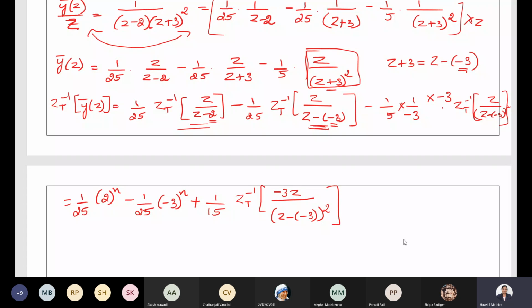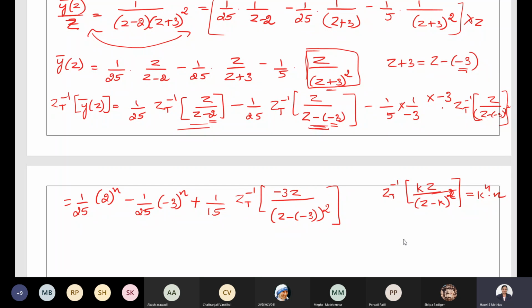Am I correct? Because there is only one formula. When a square is there in the denominator, the inverse Z transform of kz divided by z minus k whole square is k power n into n. When in the denominator you have a square term, k is what? Minus 3, because it is z plus 3 the whole square, so z minus of minus 3 we have to make it.